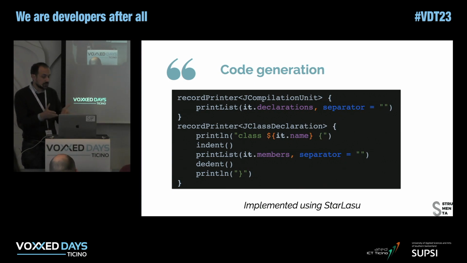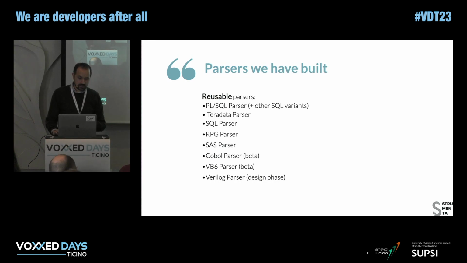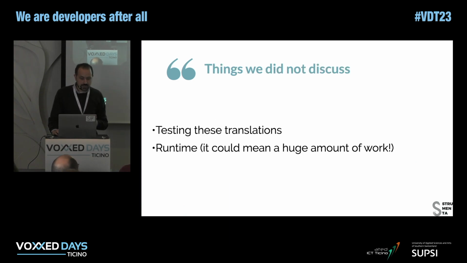And all these features can be implemented using one of the libraries of Starlasu. So you can basically redo the same thing in Kotlin, in TypeScript, in Python, and in C#. We have used this approach for writing all sorts of parsers, so we are confident that it works with all the languages that we encountered so far.